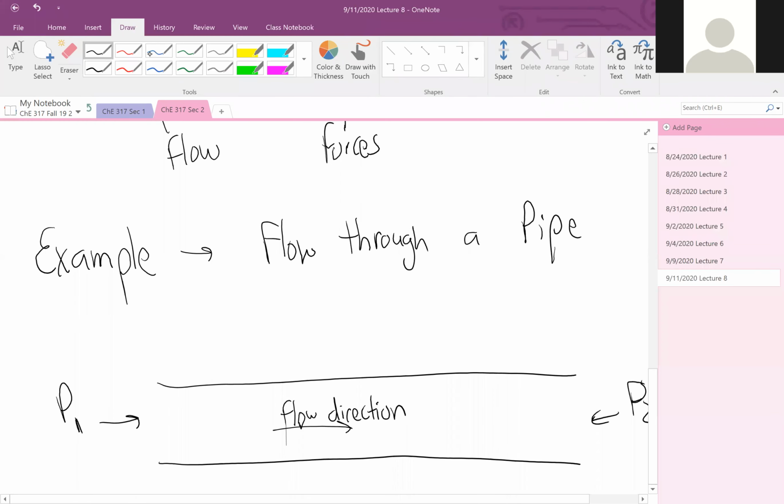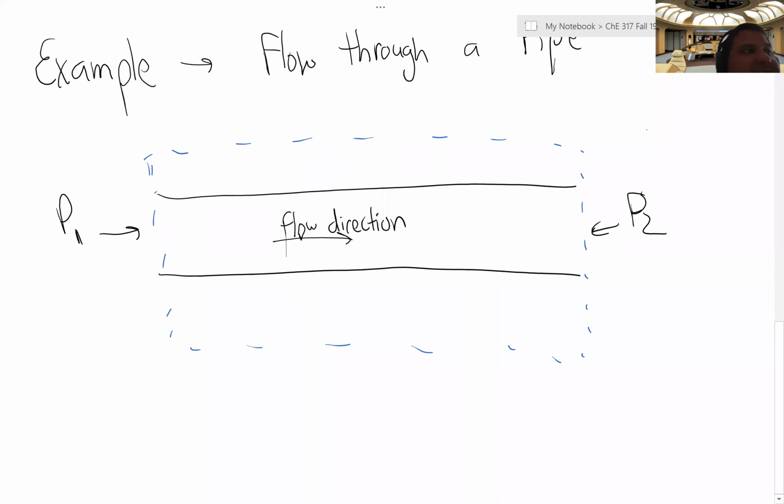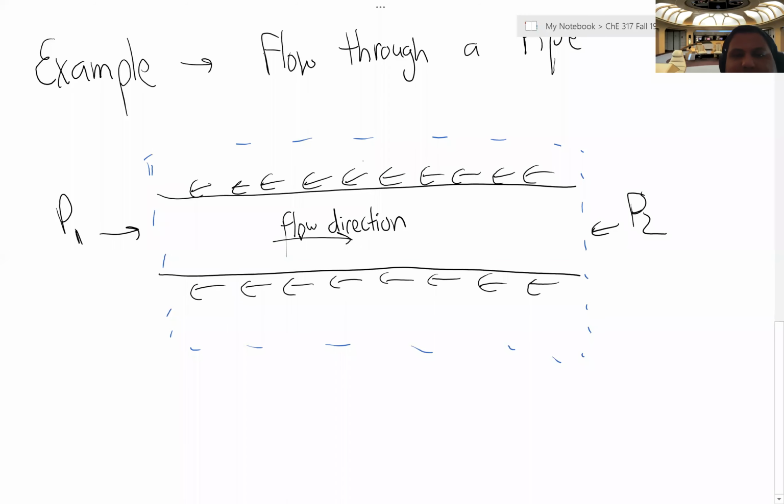I can also define my system as this box here, or this section of the pipe. And I also have another force within the system, which is resisting that flow, which mainly occurs along the walls of the pipe, and that is shear stress, which I denote tau sub W, the shear stress along the pipe wall.